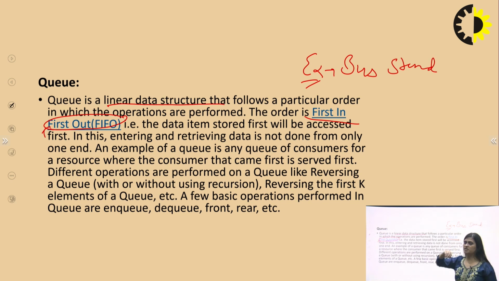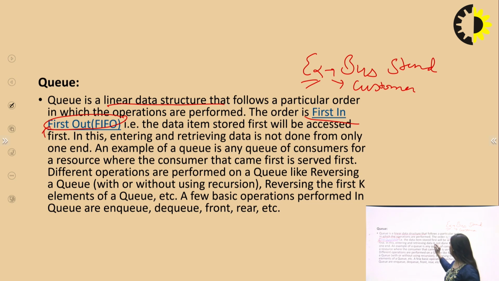If you are standing at the bus stand, then you enter the bus first. Or customer care, where a number of consumers call at one time, then all the calls are arranged in FIFO order, meaning whoever calls first is arranged first.